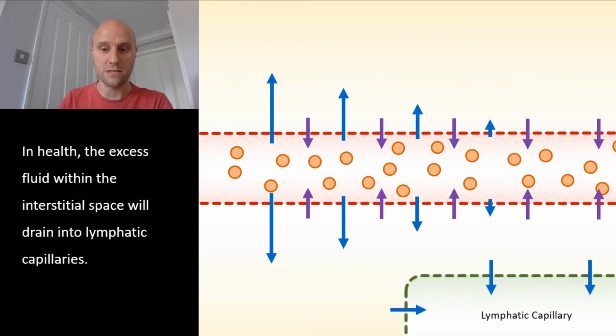However, I don't know if you can see at the bottom of the diagram there, we have another capillary network that runs alongside the systemic capillary network called the lymphatic system, lymphatic capillaries, and they will draw in fluid and drain that back eventually into the blood circulation, if you like.